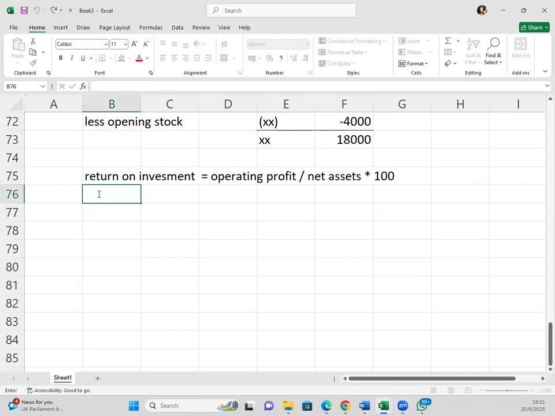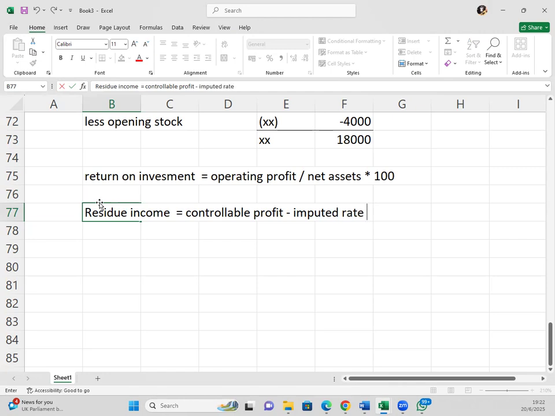So the first step, we are given residual income. Residual income is calculated using the formula: residual income is equal to controllable profit minus imputed rate of interest times capital employed.